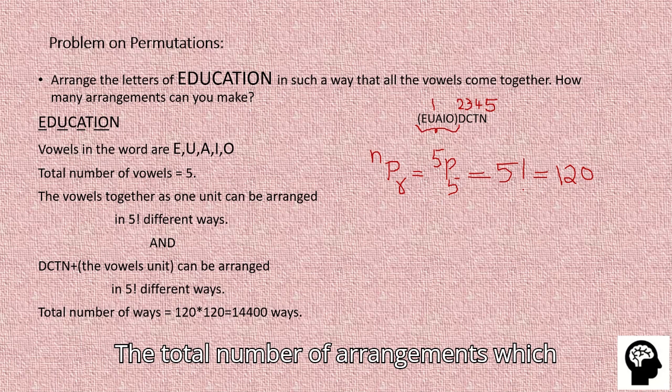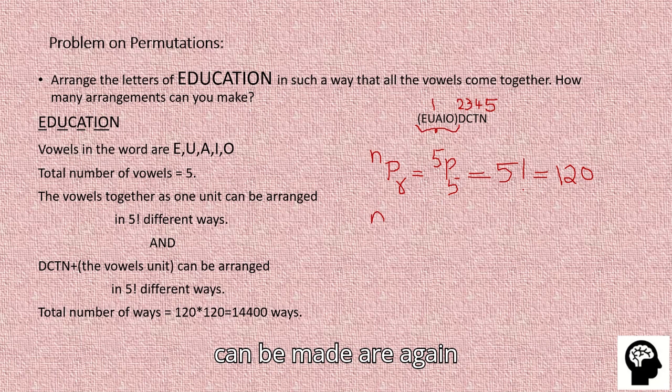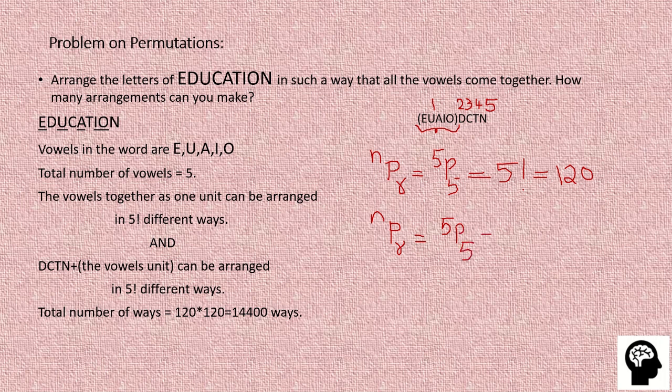The total number of arrangements which can be made are, again, can be calculated as nPr. That is equal to 5P5 again. That is equal to 120 ways.